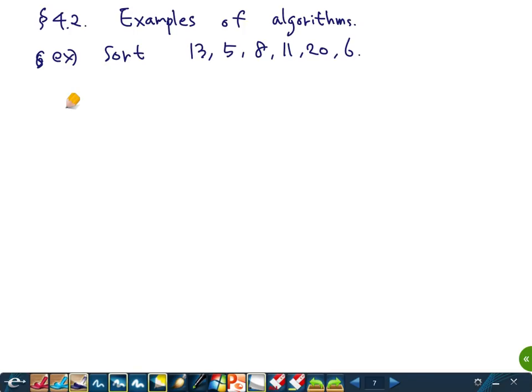One student may say: find the smallest one among these and place it at the beginning, then find the next smallest number and place it in the second place, etc. That is one way. But it will be better if it's more efficient. We will talk about this later. Let me give you the idea of the insertion algorithm.